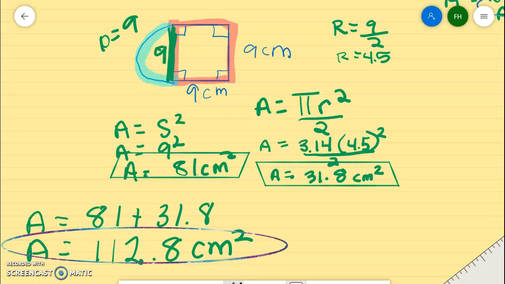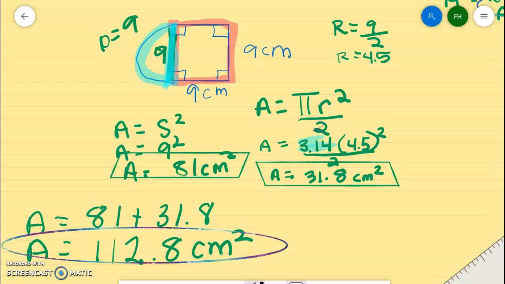But remember, we only have half of a circle here, so we have to divide that by 2. We know pi is 3.14, but we had to figure out the radius. The diameter, the entire length across the center of the circle, is 9. When you want to find the area, you need the radius.